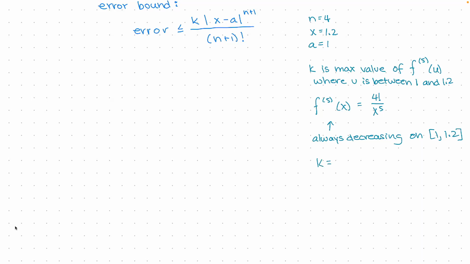So we're going to let k equal the fifth derivative evaluated at 1, which is just 4 factorial. So that's the kind of thinking you're going to want to do about k. Now we have everything we need. Now we're just going to plug into the function. Any questions how we found k?